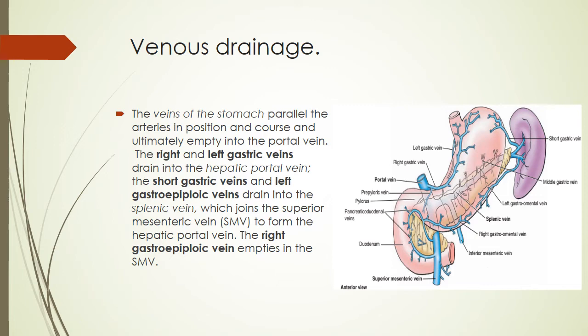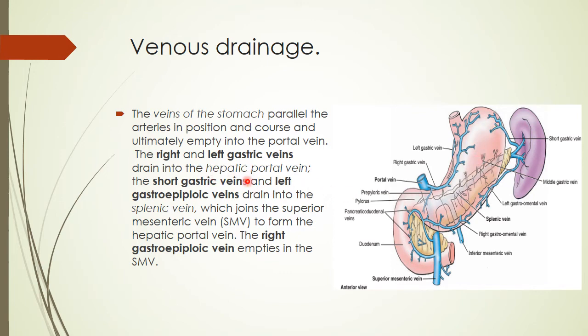We will study the portal vein in detail, but right now the veins of the stomach, like the right and left gastric veins along the lesser curvature, and the right and left gastroepiploic veins along the greater curvature, and then the short gastric veins, drain ultimately into the hepatic portal vein.